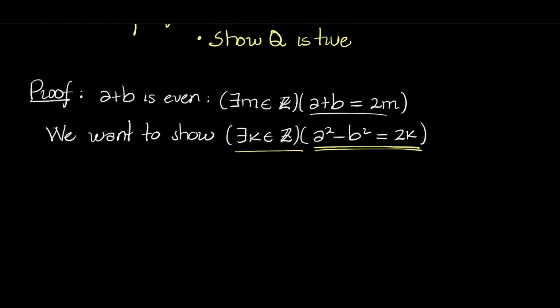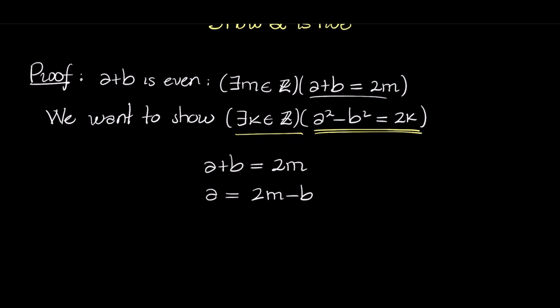So let's see. We have that a plus b is equal to 2m, okay? If I want to solve for a or b, it doesn't matter. In this case, I'm going to solve for a, but it will be the same for b. So if I want to solve for a, I will move the b to the other side, so I will have a equals 2m minus b, and this will be what we have after solving.